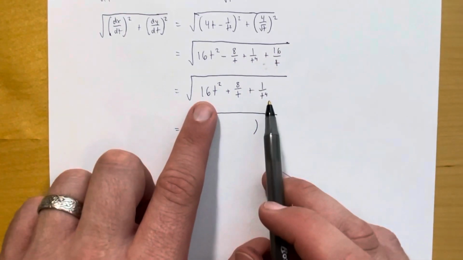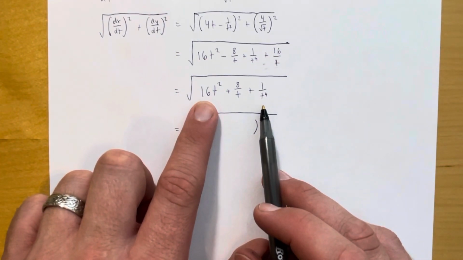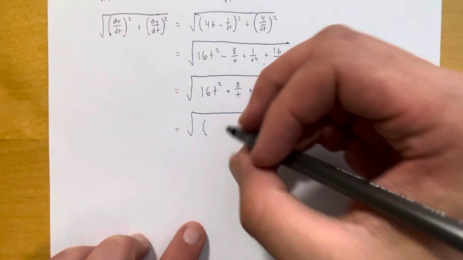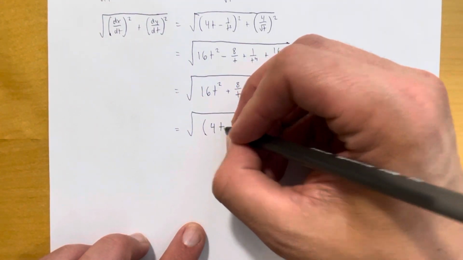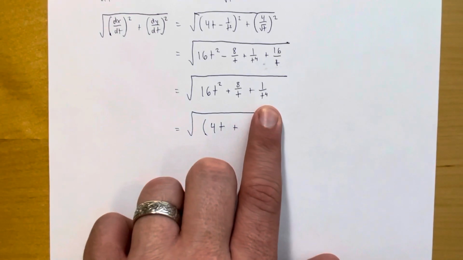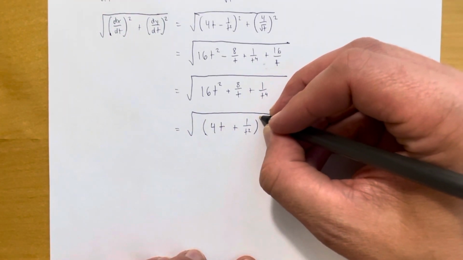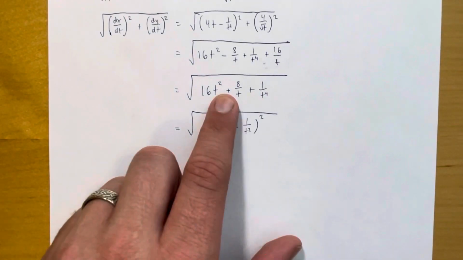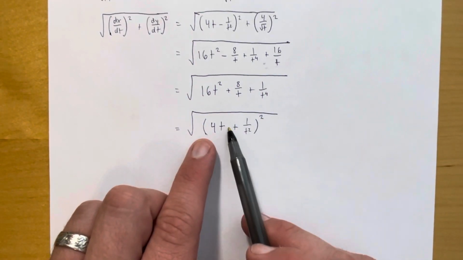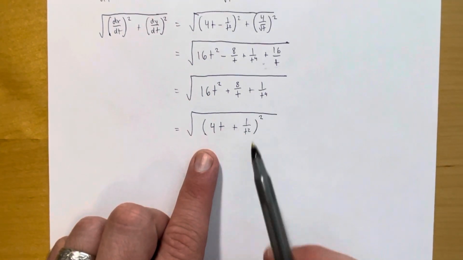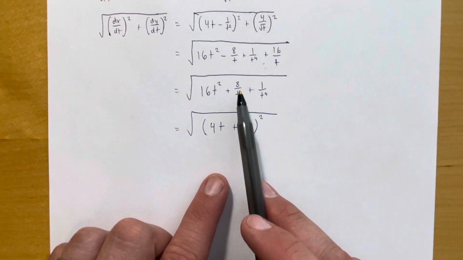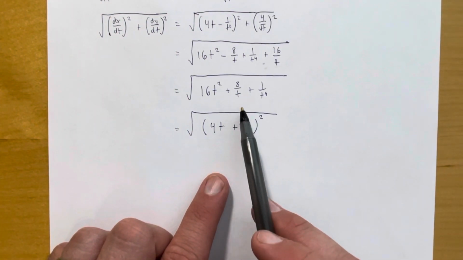If this is a perfect square, then I should have the square root of this thing, which is 4t, plus the square root of that thing, which is 1 over t squared. I should be able to square that and get this, because I know that when I square this guy out, that'll be my first term, that'll be my last term. The thing to check is this guy. Do we get 8 over t out of this?